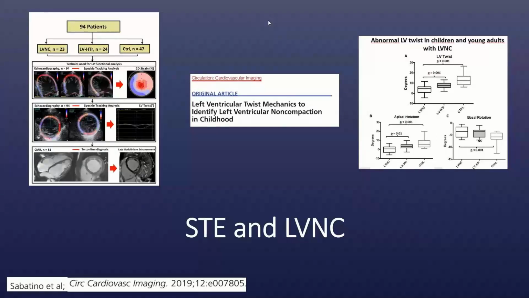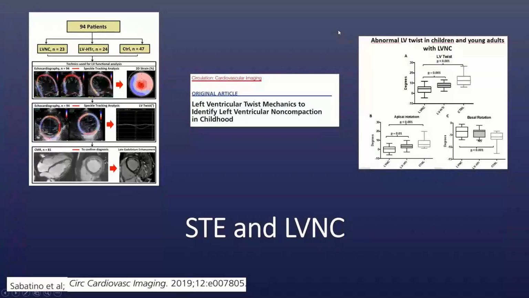What we found was that in patients with real left ventricular non-compaction, there was a reduction in the apical rotation and a reduction in the left ventricular twist. And this was able to better discriminate the real non-compaction patient from the ones with hypertrabeculated left ventricle.